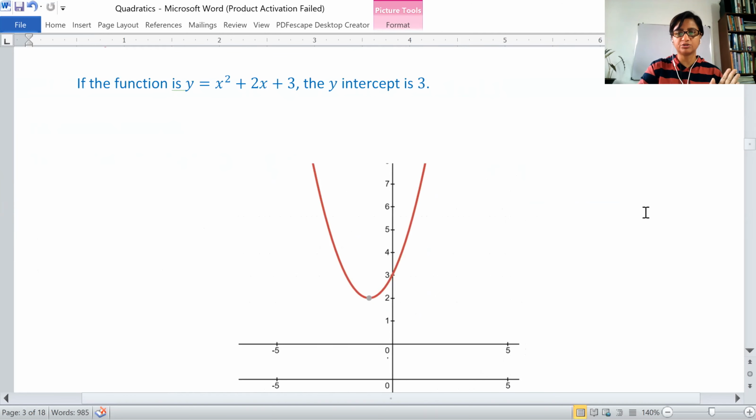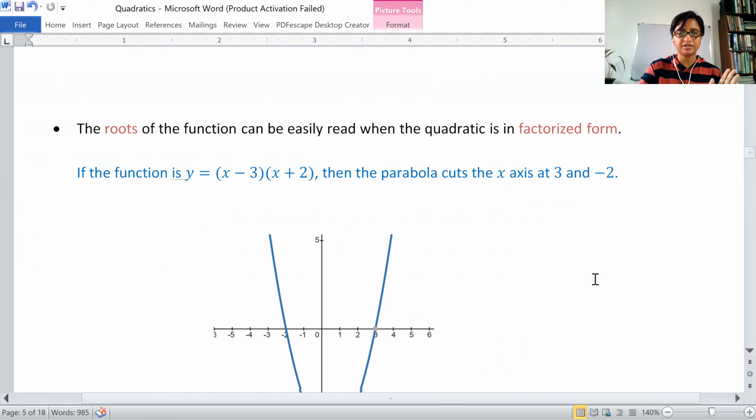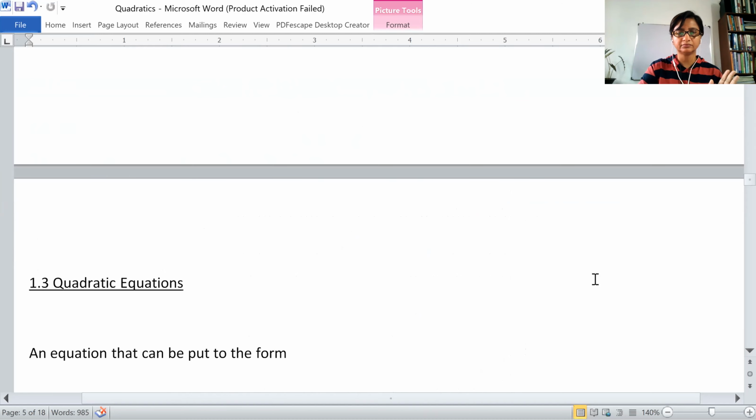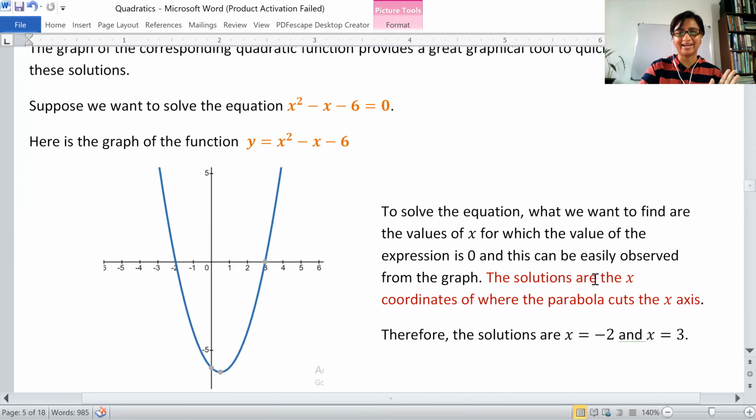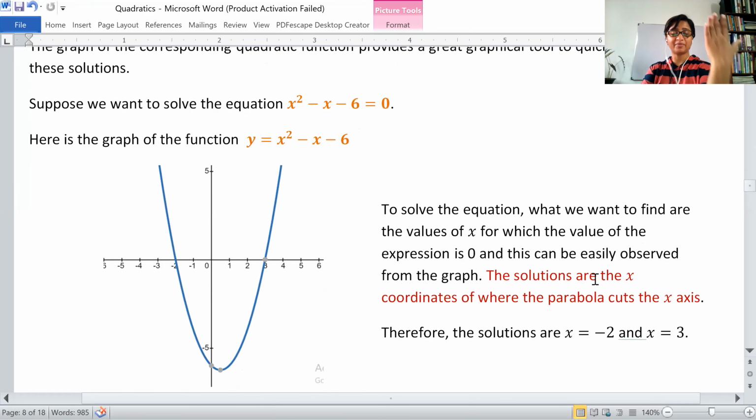And when you go to quadratic equations, I told you that if you look at the graph of the corresponding function, here, I'm just reminding you of last week's work. If we are to solve this equation, I have x squared minus x minus 6, that's my quadratic equation, being set equal to 0.